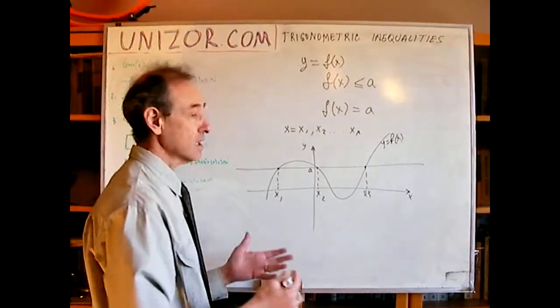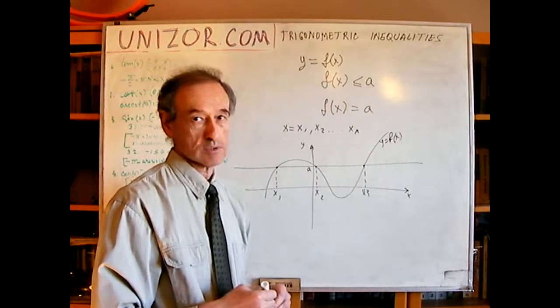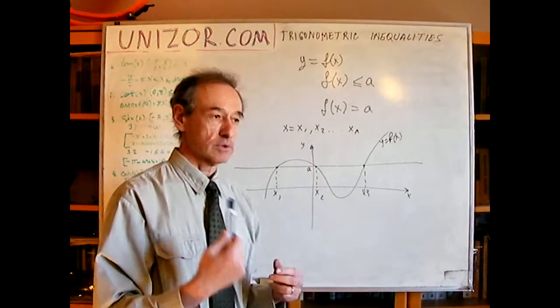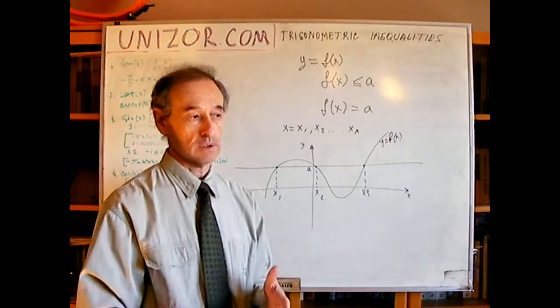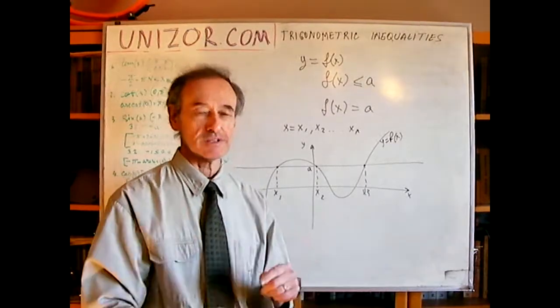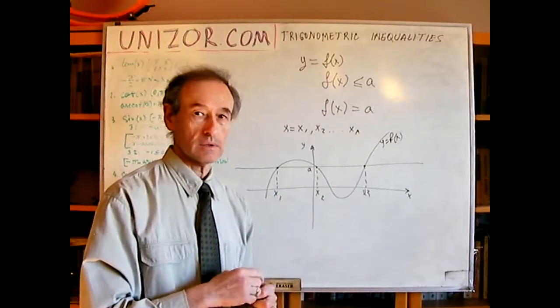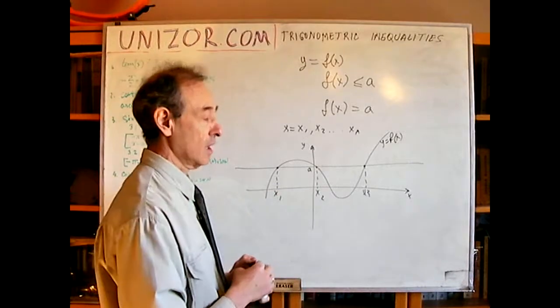So this is the approach which we will take to solve trigonometric inequalities as well. If we have an inequality, then we will solve the corresponding equation, and then we'll examine the intervals in between the solutions of this equation.